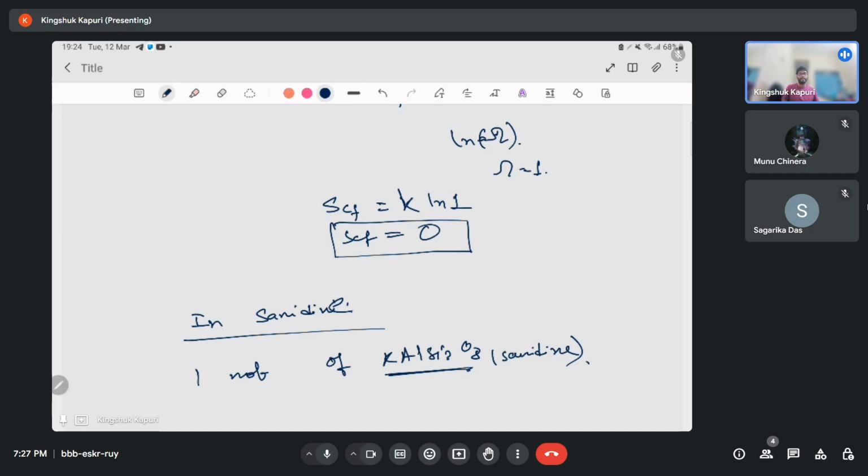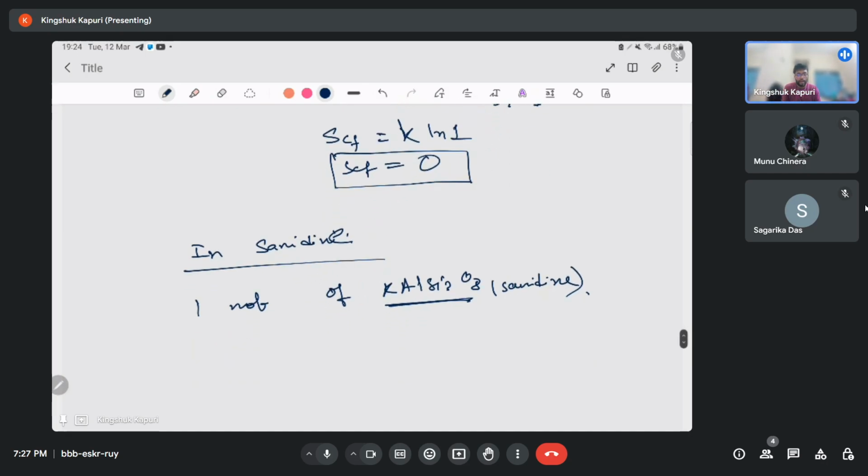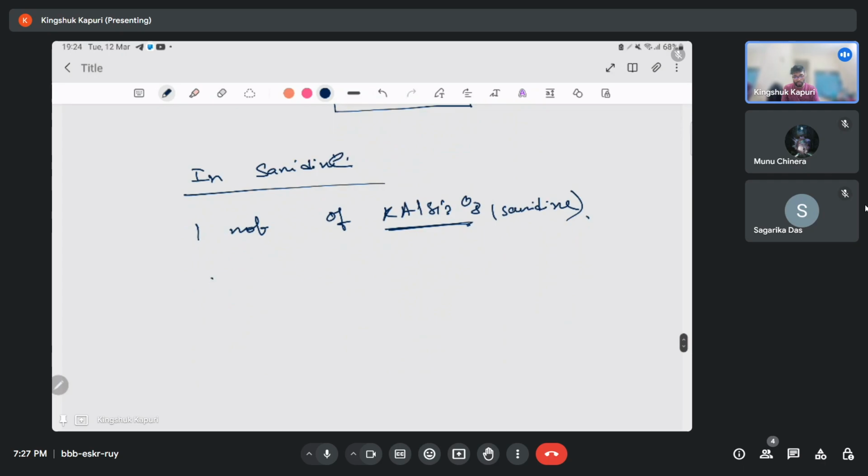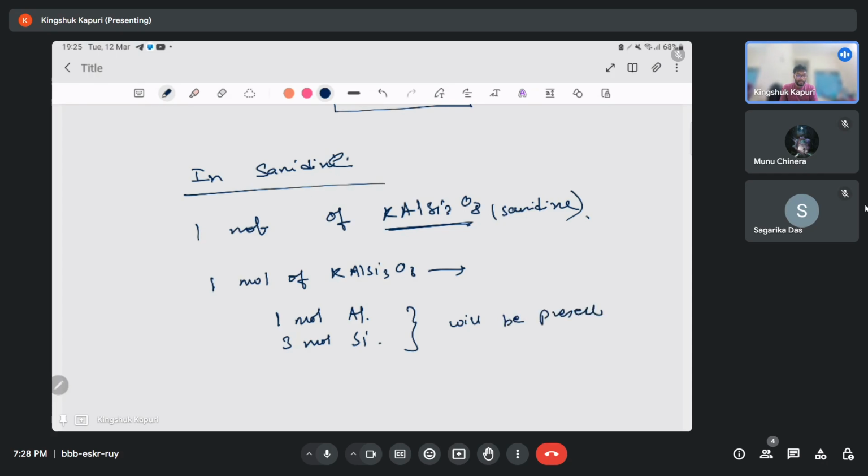And now in sanidine, there are silicon and aluminium elements, but they can swap or interchange their positions. So for 1 mole of KAlSi3O8, there will be 1 mole of aluminium and 3 moles of silicon present in the sanidine.